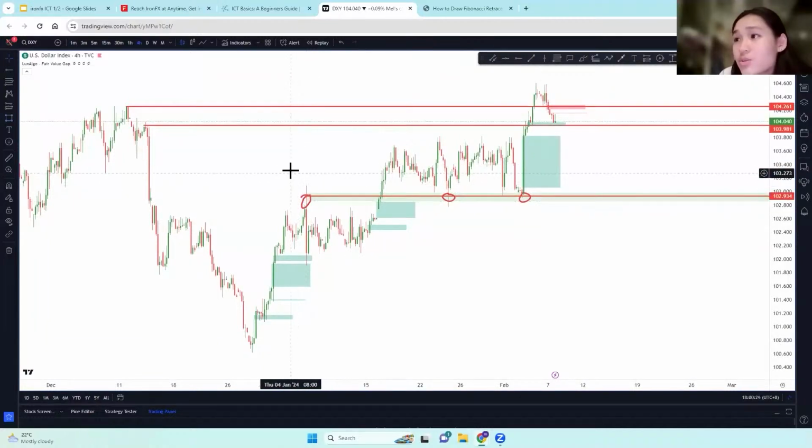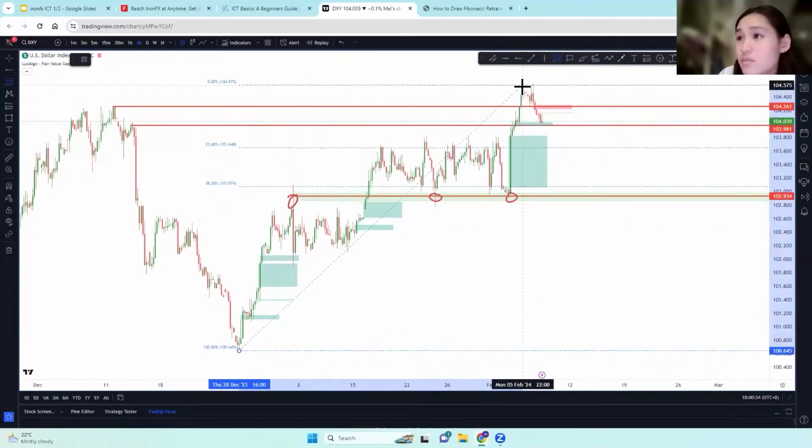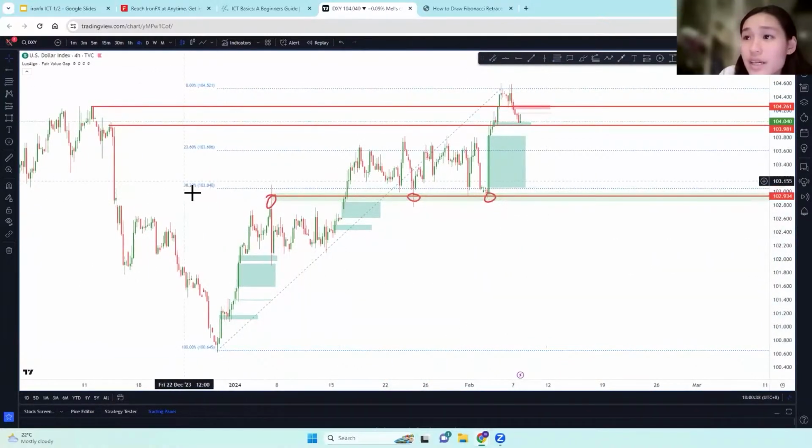Okay, and let's see if we can make use of our Fibonacci levels as well. Here we see that we have a nice 38.2 that lines up nicely with this area.